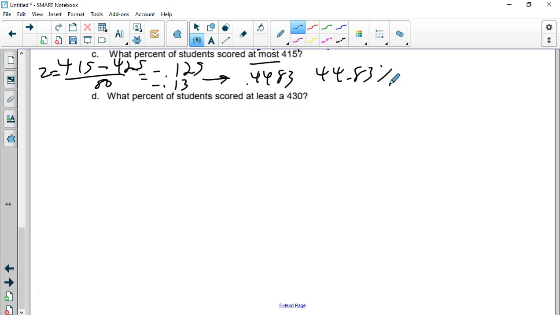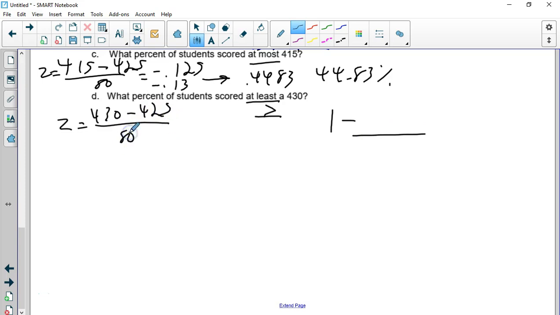Now, at least a 430. Well, at least means greater than or equal. So now we do our z-score. We're going to do 430. And remember, at least means greater than, you might as well write this right now to remind yourself. 430 minus 425 over 80 gives us a decimal of 0.06.